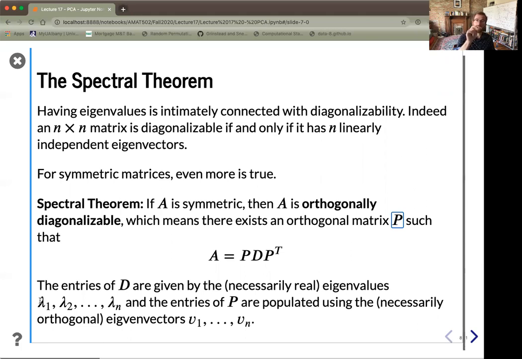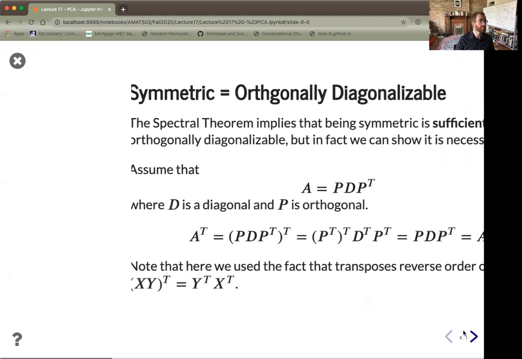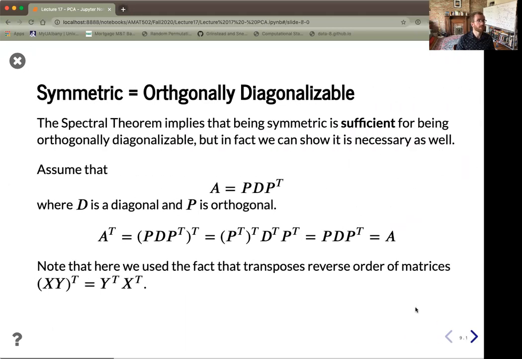So this diagonal matrix that's associated to A encodes all the eigenvalues, and the eigenvectors are the things which actually determine the entries of P. So you can think of the spectral theorem as telling you that being symmetric is sufficient for being orthogonally diagonalizable. But in fact, we could show it's necessary as well.